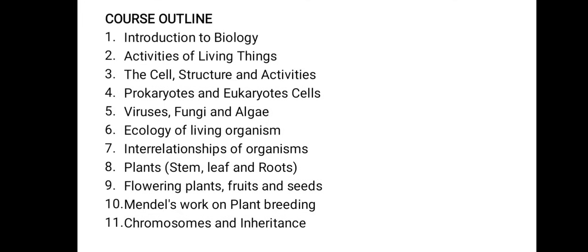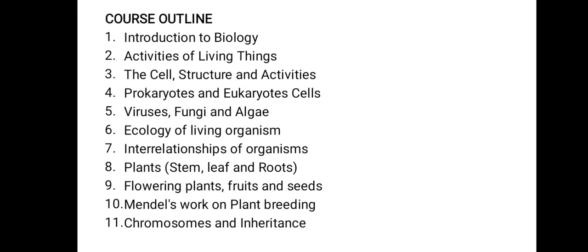And so in unit 8, we'll talk about plants, and there we'll talk about stem, leaf, and roots. And in unit 9, we'll also talk about flowering plants, talk about fruits, and then discuss seeds.